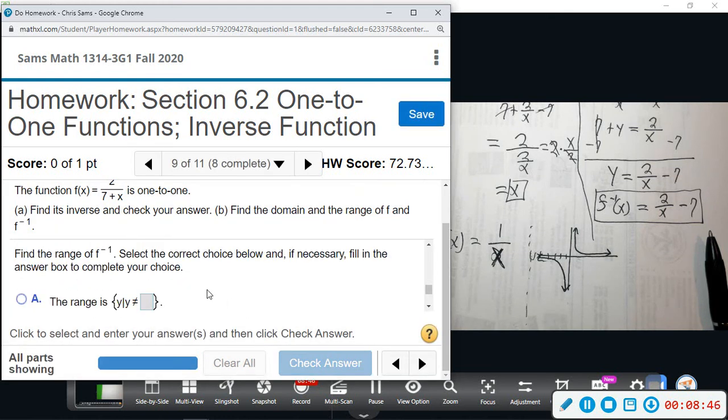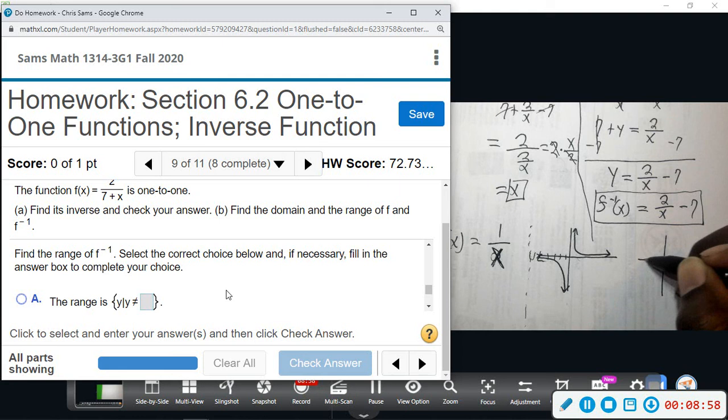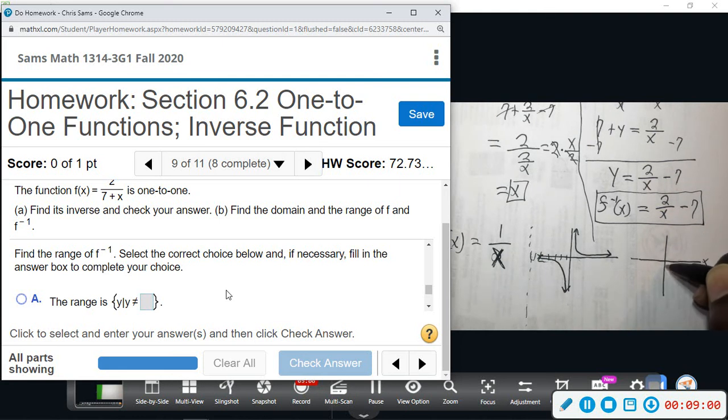And in the same instance, what is our range? The graph is going to look the same, the reciprocal identity with x on the bottom. However, this minus 7 is going to shift your graph down 7 units. So you would have something like this. Here's the x-axis, and we go down 1, 2, 3, 4, 5, 6, 7. So your new horizontal line would look like this, okay? And your graph would not cross that line.